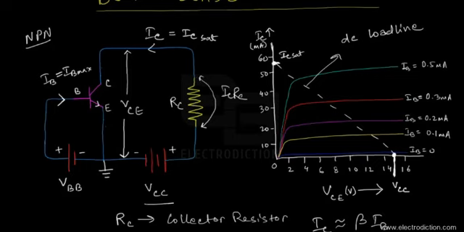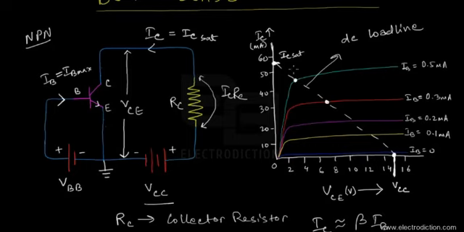All right, now if you also notice over here that with the output curves that you have in the output characteristics of this particular BJT, the DC load line intersects with them at these particular points.